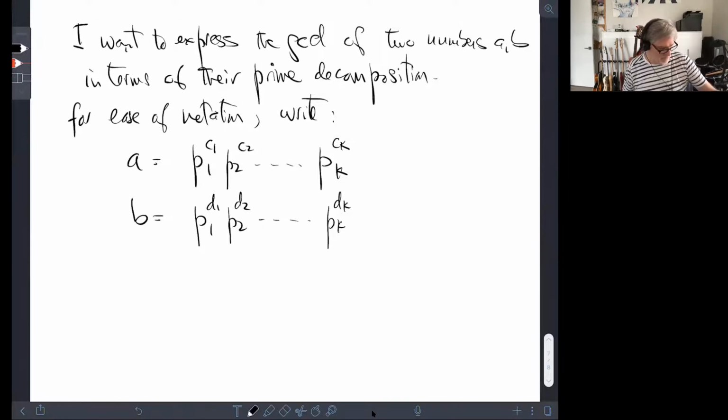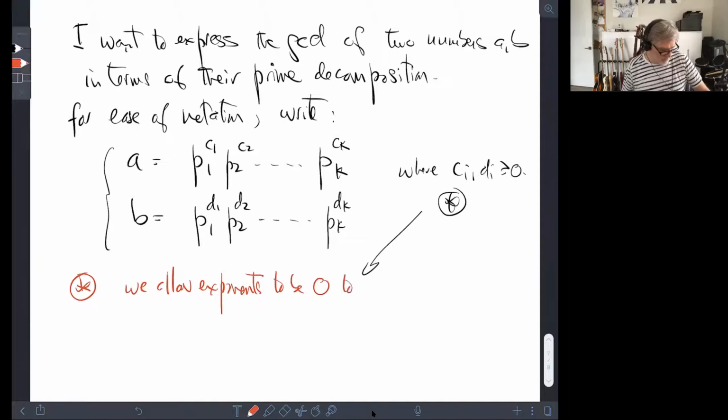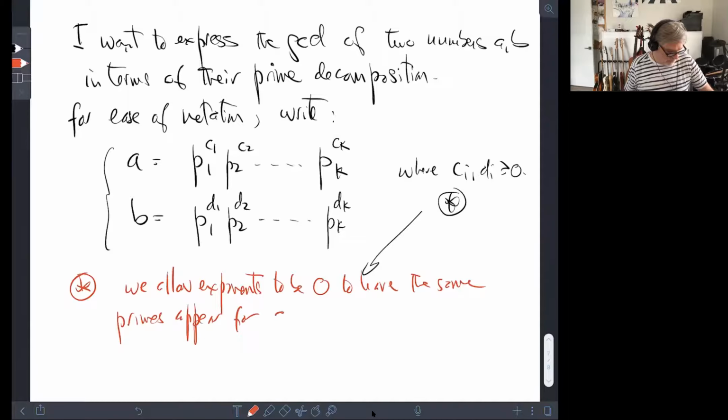So like this, B is P1 to the D1, and so on, where the CI and DI are allowed to be 0. Let me just put a remark here: we allow exponents to be 0 to have the same primes appear for A and B. You'll see why I do that in just a sec.